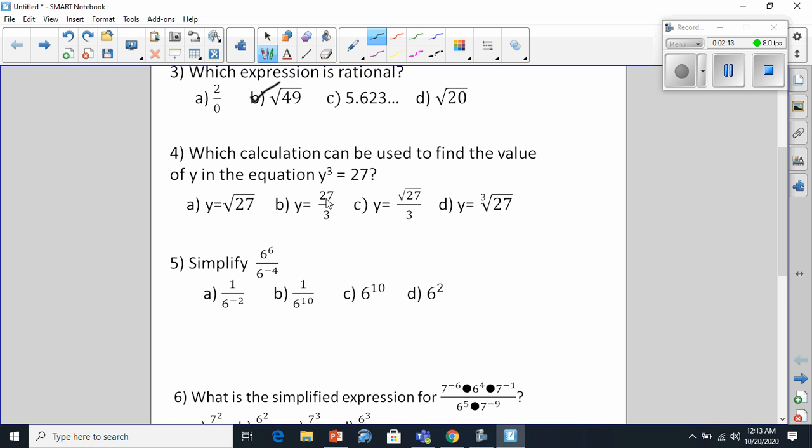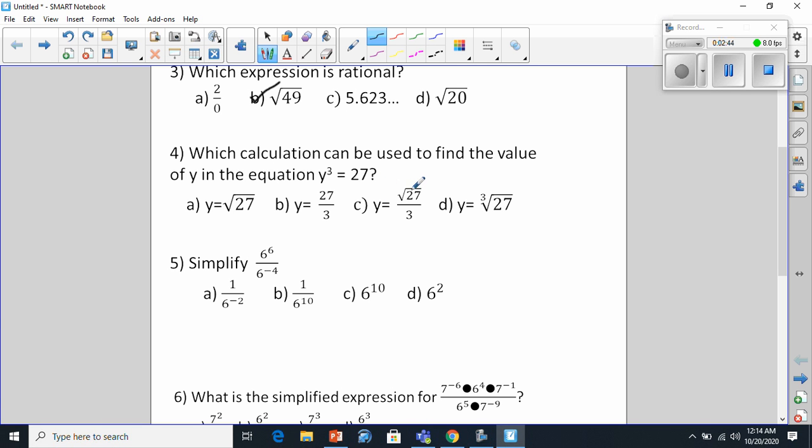All right. 4, which calculation can be used to find the value of y in an equation? Y to the third power equals 27. So what times itself 3 times will equal 27? And which of these would work? Well, this one is 27 squared, not 27 cubed. This one is basically 27 divided by 3. That's not what we want. That's taking 27, that'd be 9, and 9 times itself 3 times will be way more than 27.